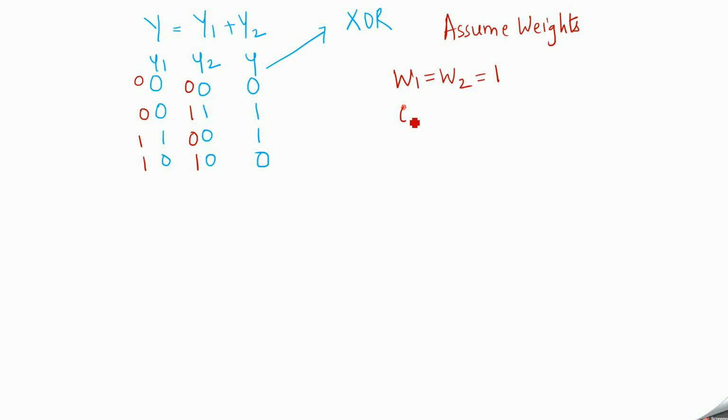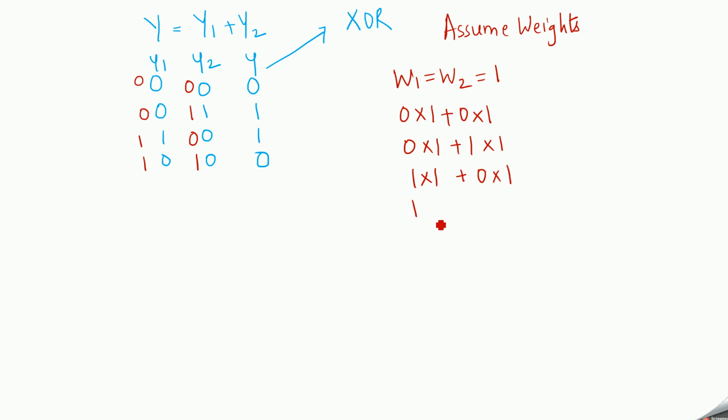So what is this? 0 into 1 plus 0 into 1. Then we have got 0 into 1 plus 0 into 1. 0 into 1 plus 1 into 1. 1 into 1 plus 0 into 1.